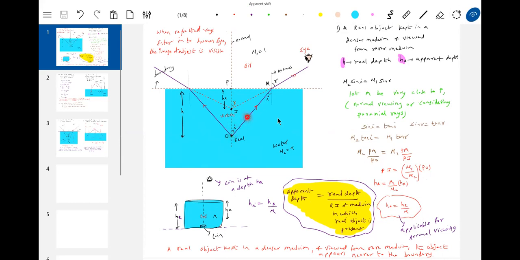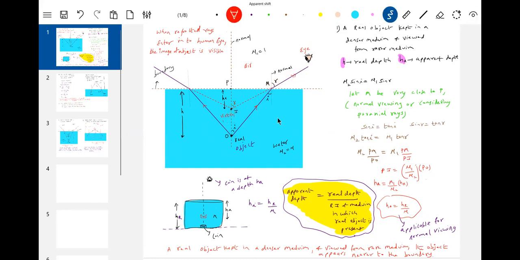Real object is there. You see the incident rays, they are diverging from a point. It's a real object. Then after refraction, the refracted rays diverge from a point, so the image should be virtual.